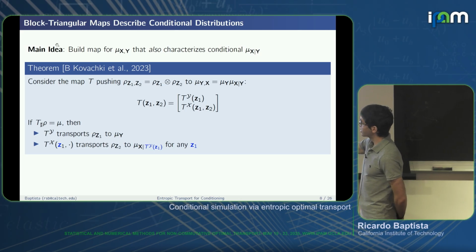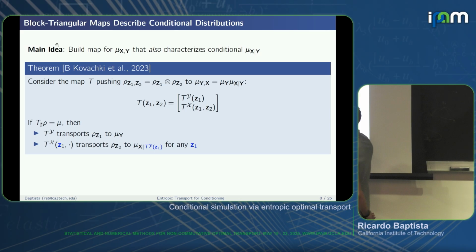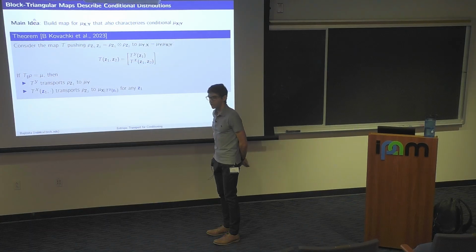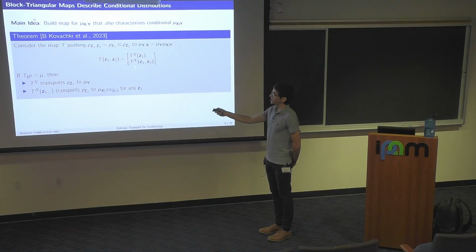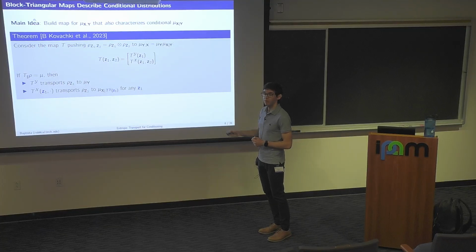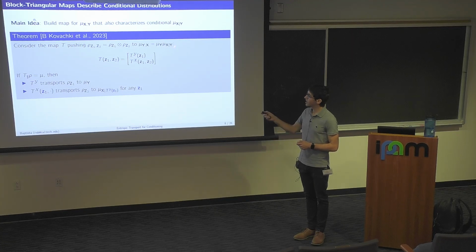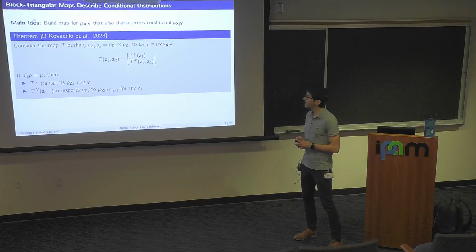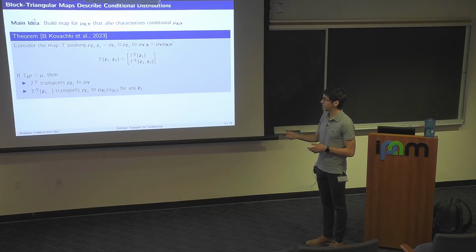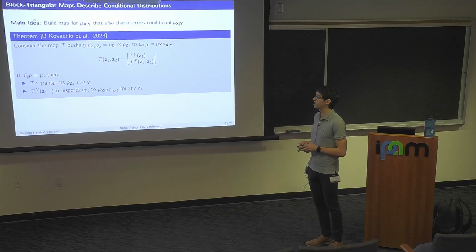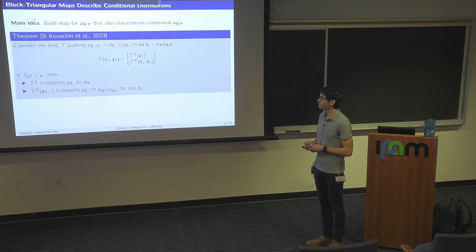And the second block, for every value of the first argument, Z1, is a transport map that will push forward the second marginal rho of Z2 to the conditional, the remaining part of the joint distribution of x given the observation y.